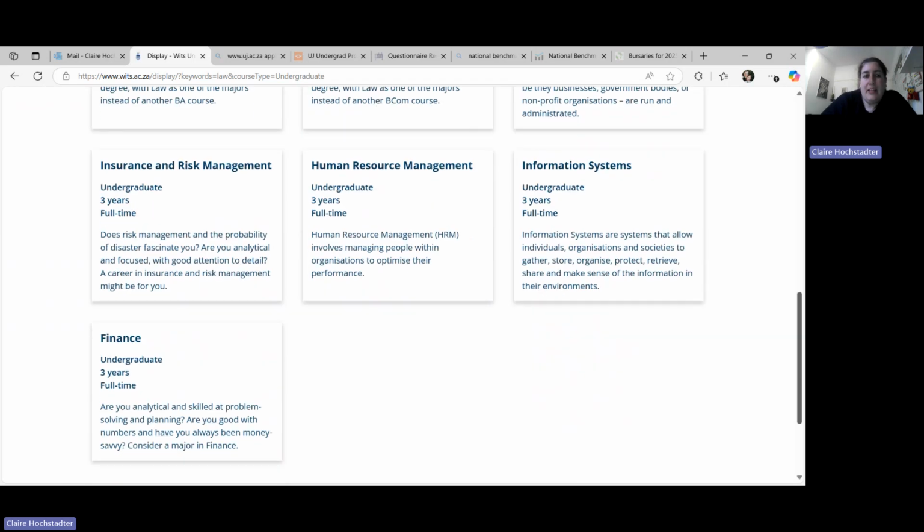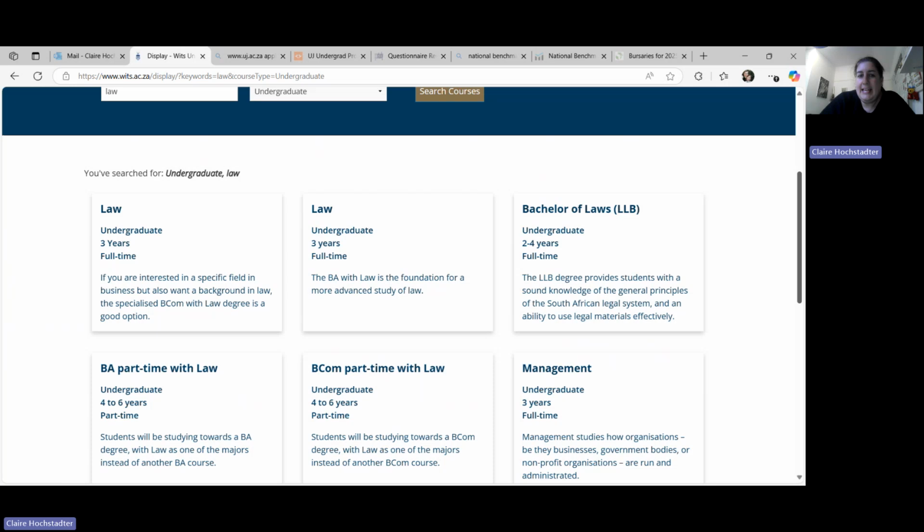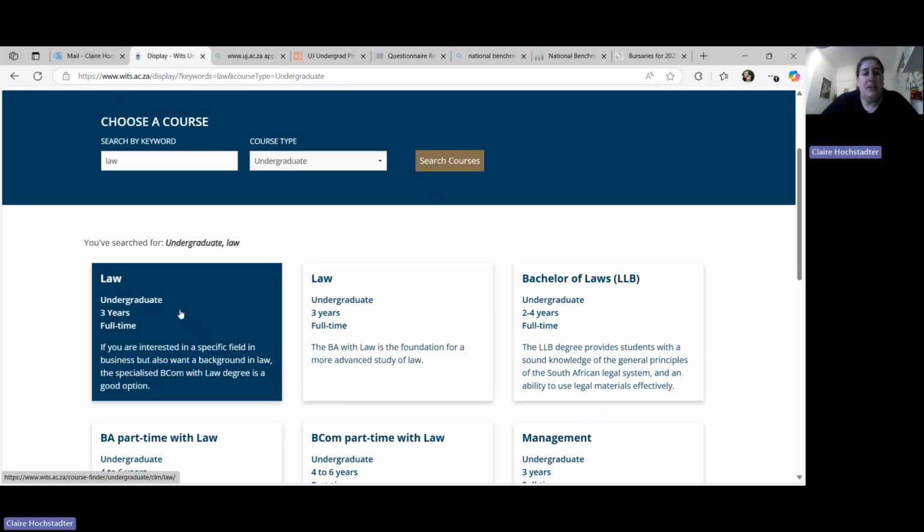Some of them you can see by their name don't actually sound like law, but you will find when you actually go into them that a whole lot of law comes up. So for absolute ease, we are going to click on the first one. So straight away, you can see it is a law degree. It is 3 years and it is full-time.